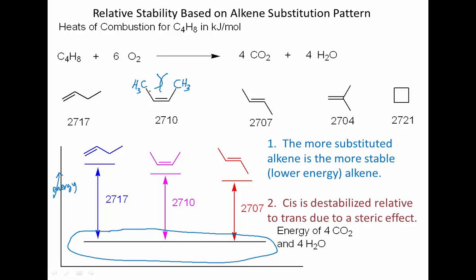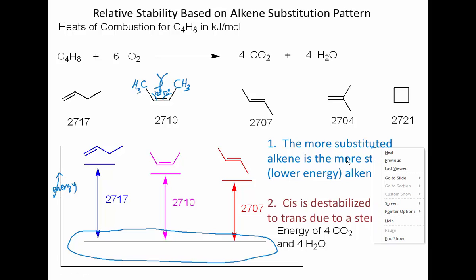That would look kind of severe, but remember that the bond angles are 120 degrees, so they're a little bit further away from each other than in this awful compound from chapter 3, the fully eclipsed conformation of butane. So they're pulled back a little, so they're not quite as bad as fully eclipsed butane, but the cis isomer is generally a little bit less stable than the trans isomer because of the steric effect.